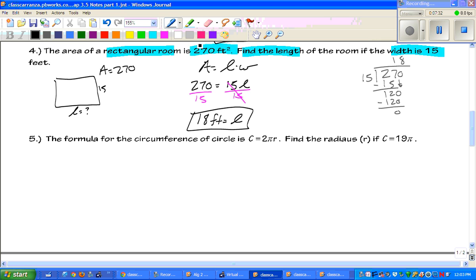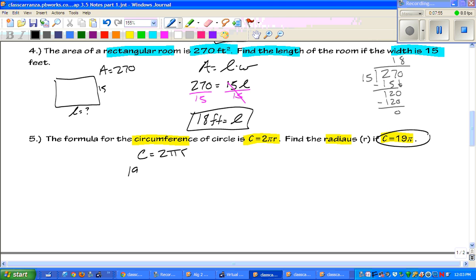All right. The formula for the circumference of a circle is 2 pi r. Find the radius if circumference equals 19 pi. So we're trying to find the radius. We know that circumference equals 2 pi r.